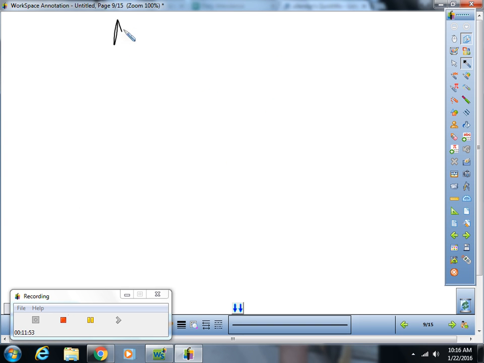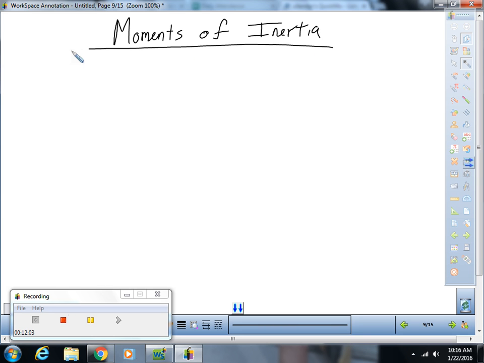Now let's talk about moments of inertia. All right, so I understand why the book used such confusing notation, but now I kind of understand it.